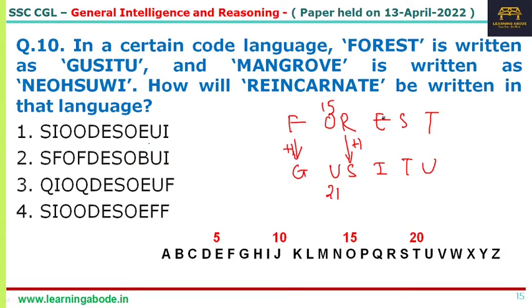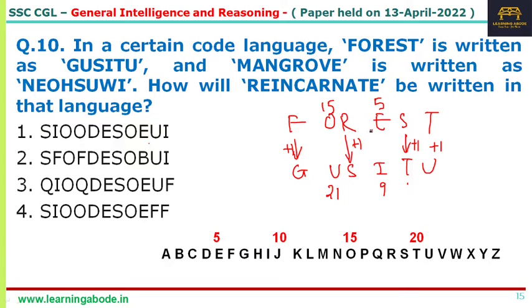Now E and I, E is 5, I is 9. That's plus 4, here it is plus 6, here it is plus 4. Next letter is T, and T plus 1. So it doesn't really work.